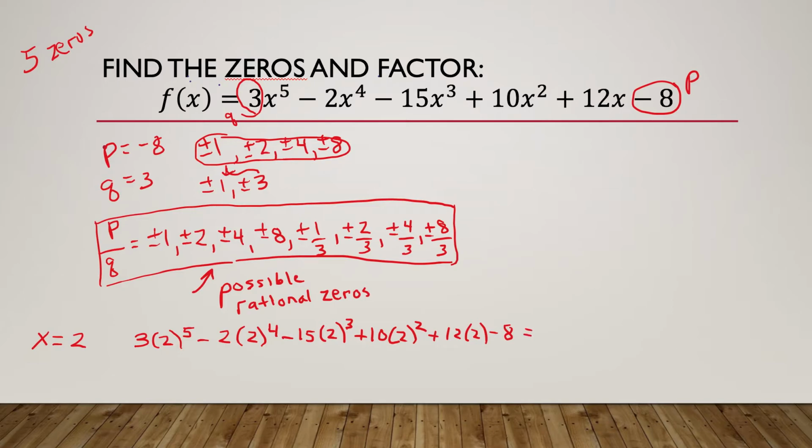All right, and when you put that in the calculator, you will see that you do get 0. That tells you that was a good choice, that you found one of the zeros. So if you've got a list going where you are writing out the zeros for the function, you can go ahead and put that in the list. x is equal to 2 is one of those zeros.